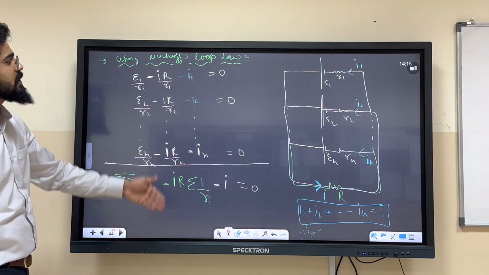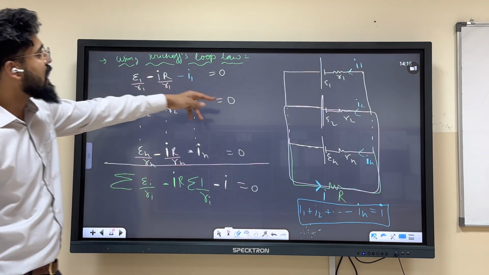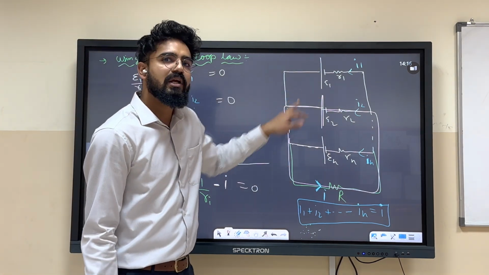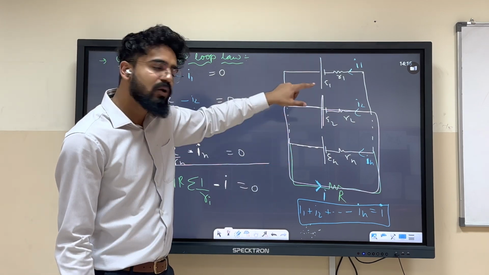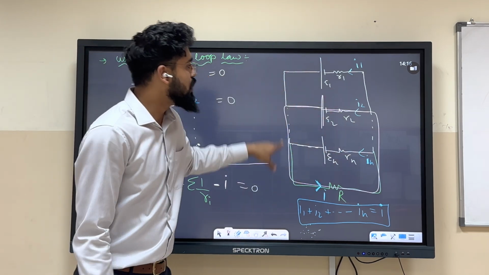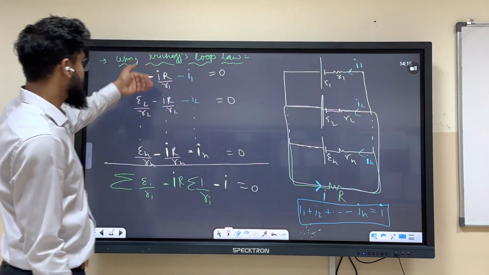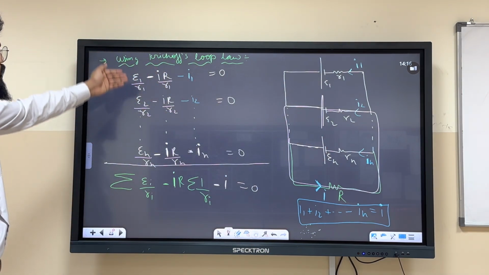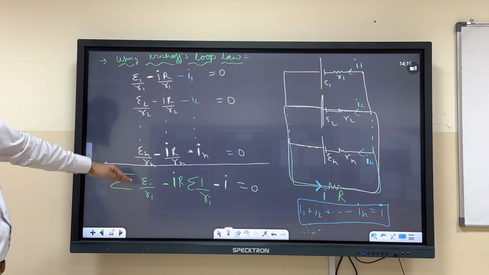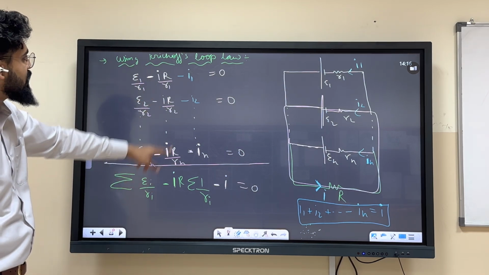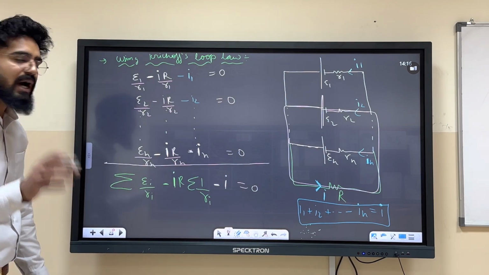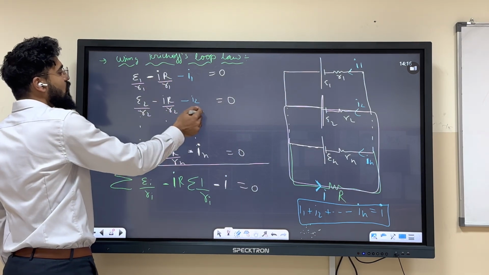Okay? We are assuming like this, correct? We are writing using Kirchhoff's loop law in every loop, E1, then E2, then En. Now adding them all, so E1 upon R1 and all this, right? So when we are adding it, sigma will come. Smartly, we are dividing with R1, R2, R3.